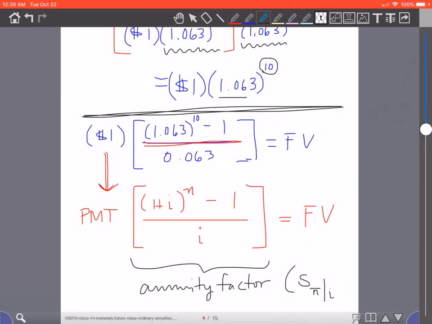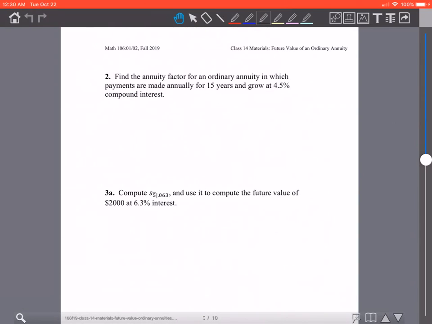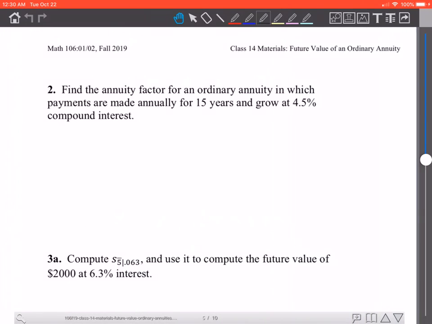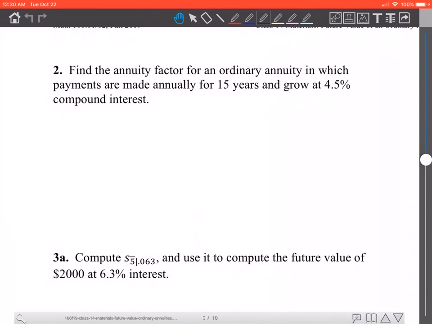So this annuity factor, S sub n of i, describes one number that you can multiply your payments by to figure out what the future value of an ordinary annuity is. Again, n represents your exponent, i represents your interest rate. So we should be able to find the annuity factor for any annuity, as long as we know what n and i are equal to.